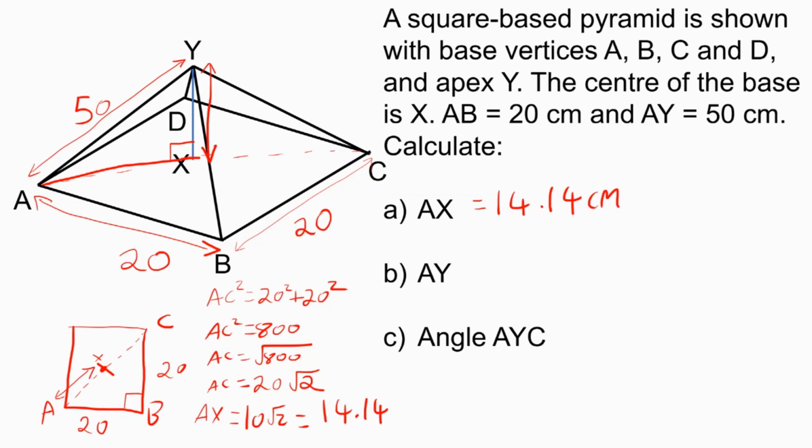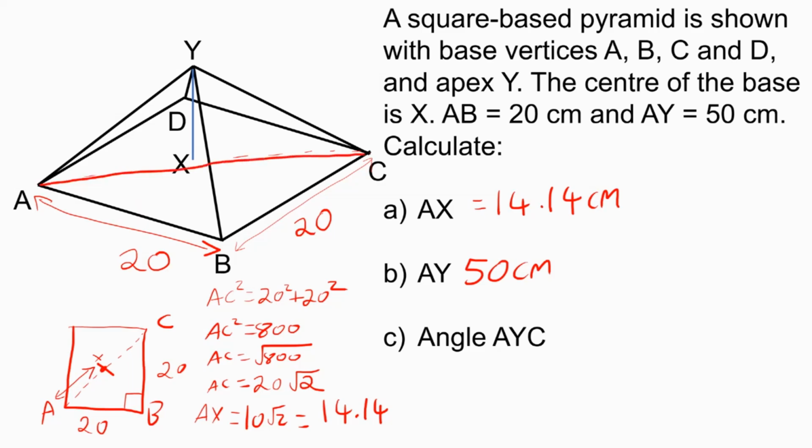Think about now how you can work out AY. A hint for AY, given that we know that AX is 14.14, or if you want to leave it in surd form you can. Actually, have we been given AY? We've been given AY straight away. That's 50 centimeters, so there's nothing to do there. If we want angle AYC, however, there are different ways of doing this.